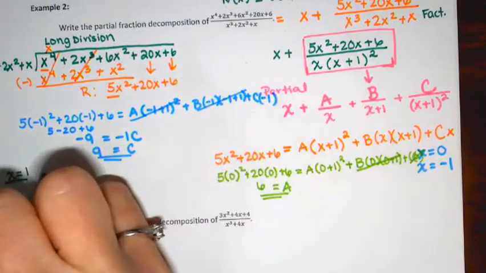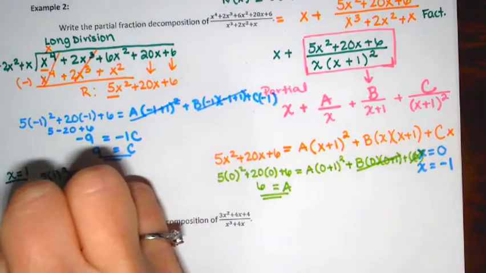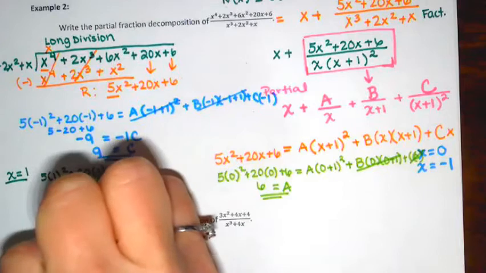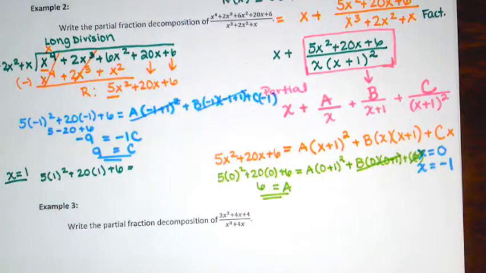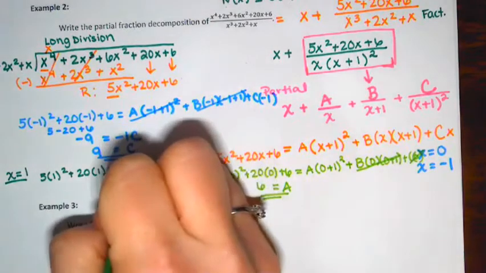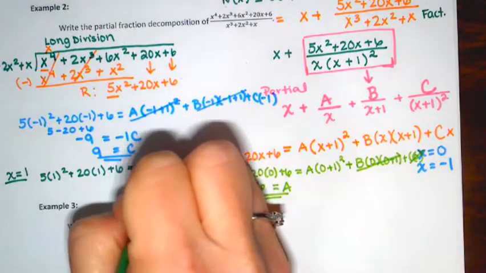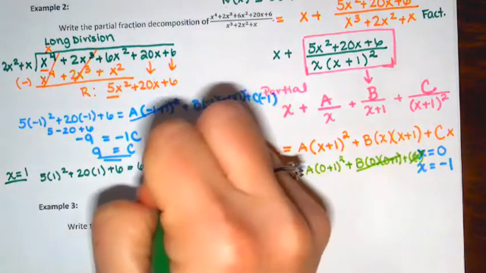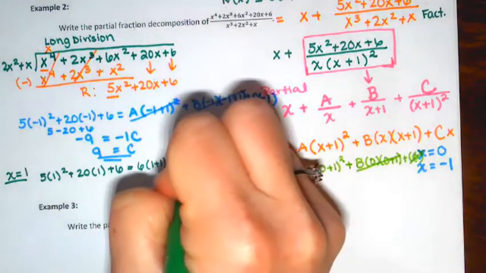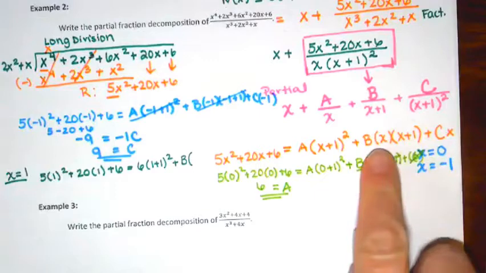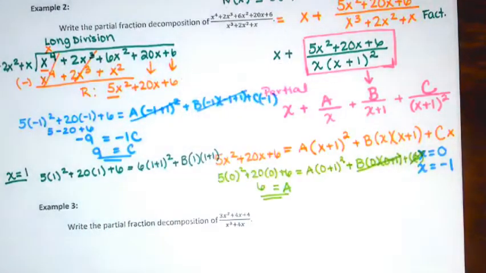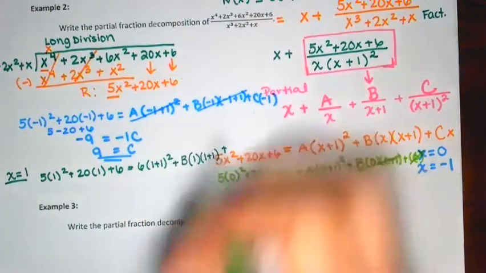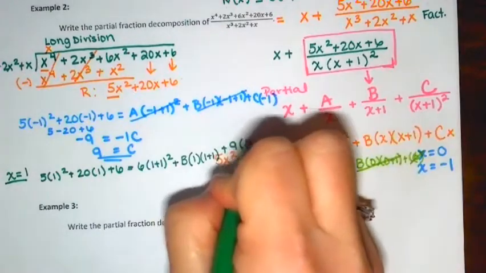So 5 times 1 squared plus 20 times 1 plus 6 equals, what's my A? 6. 6 times 1 plus 1 squared plus, do we know what B is? No, so we'll leave B times X, which is 1, times X plus 1, so 1 plus 1, plus what's my C? 9. 9 times 1.